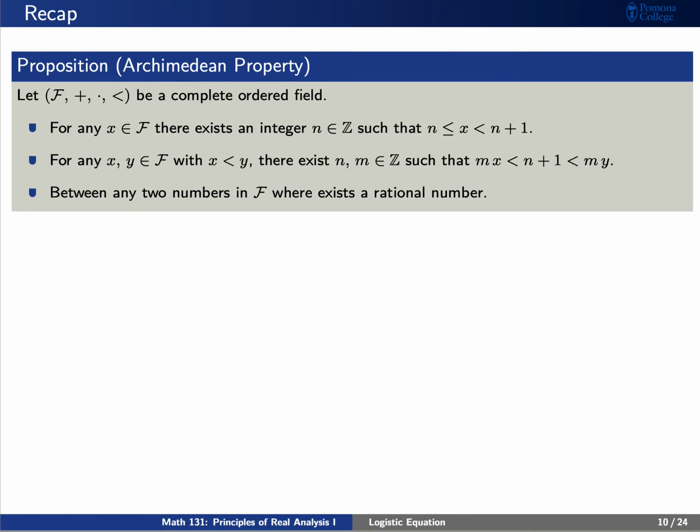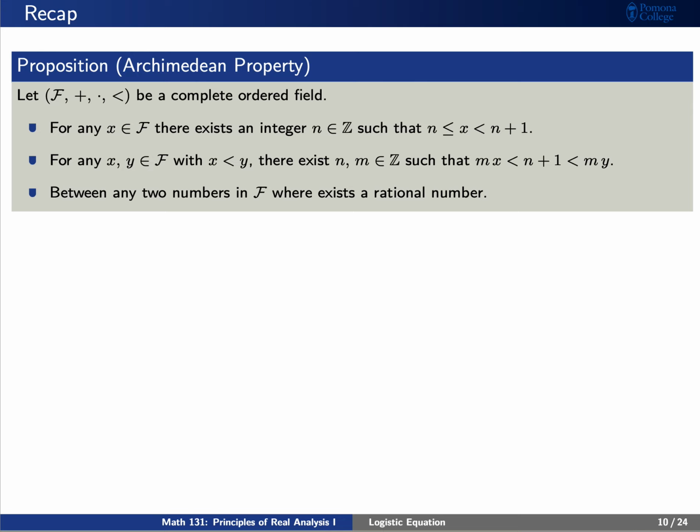Last time, we discussed a few properties about complete ordered fields, all related to what we call the Archimedean property. Let's let our script F now denote a complete ordered field. For any element x in our complete ordered field, there exists an integer n such that n is less than or equal to x is less than n plus 1.